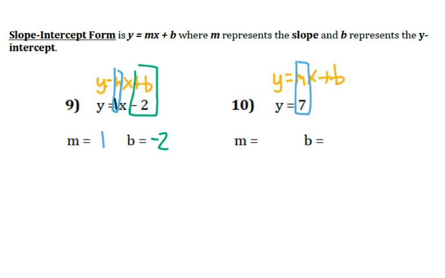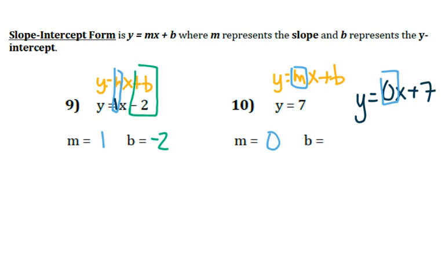Let's go ahead and write it as y equals something x plus 7. Well, what times x would make x go away or show up as nothing? Well, that's 0. So it's 0x. Well, now we can see that it's not 7. The slope's not 7. It's actually 0. So we can write that in. And the y-intercept, or b, is 7.